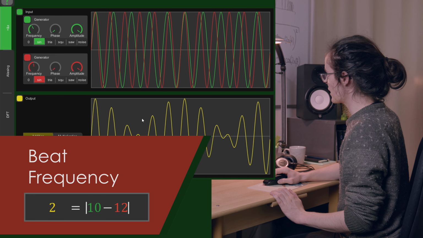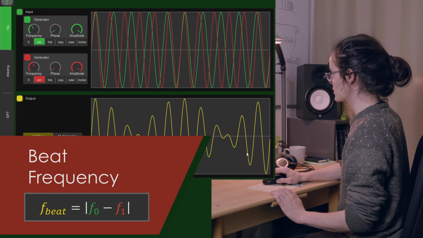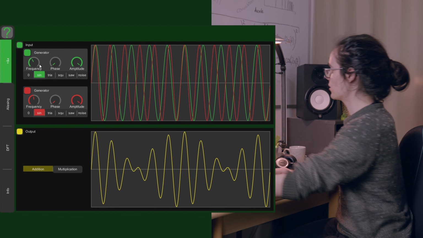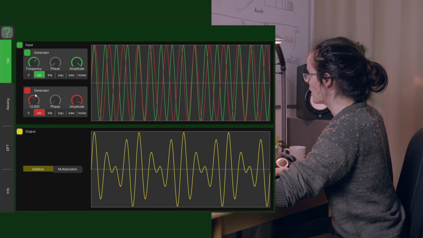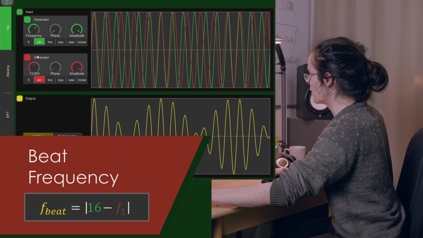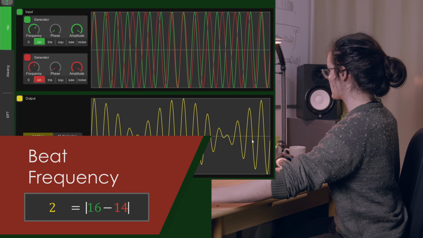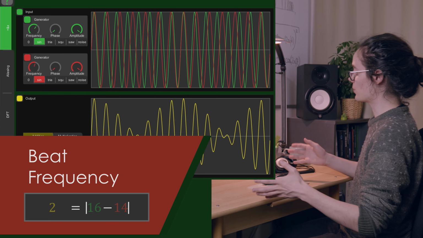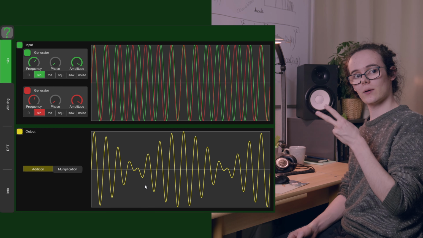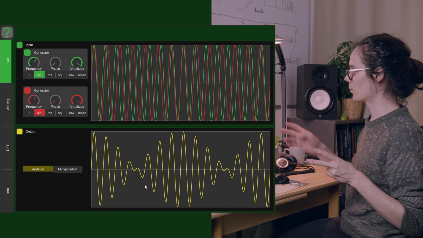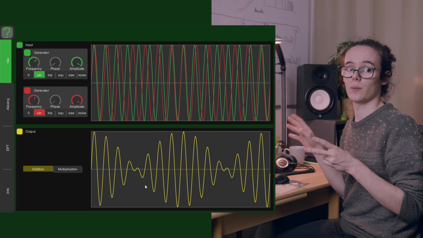And we see this swelling up and down twice per this frame. Makes sense. Okay, let's test it with a higher frequency, like maybe 16 and 14. As well, we see this swelling up and down happens twice per frame. Beat frequencies are actually pretty important. They will appear twice more when talking about different other phenomena.